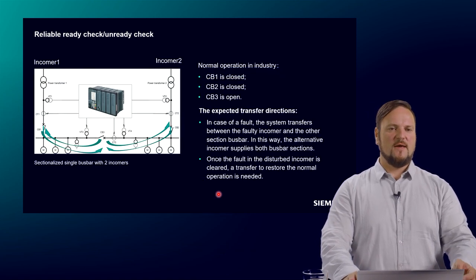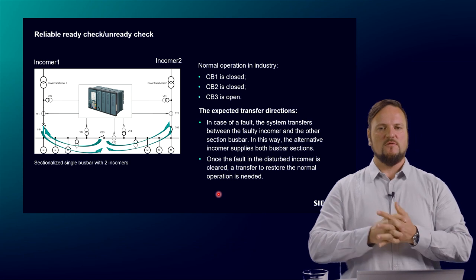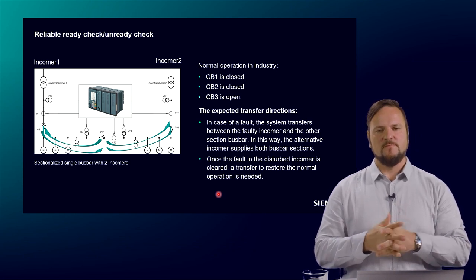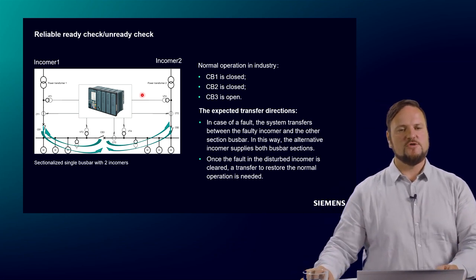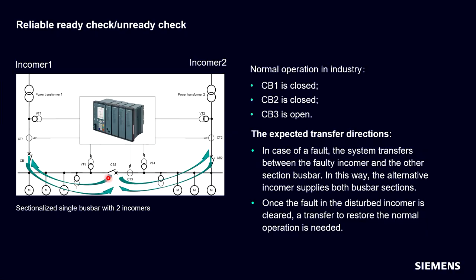Now we start with the readiness and unreadiness check. Why is a readiness check so important for an HSBT system? Because we need to be sure that this transfer direction is available. Otherwise, the device cannot transfer the load from one feed to the other feed. Here we have a normal industry application. You see there are 4 different transfer directions possible with this 3-breaker application.